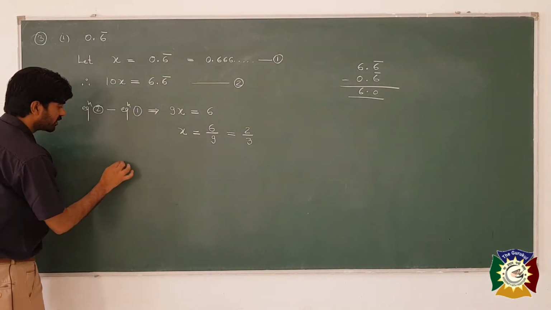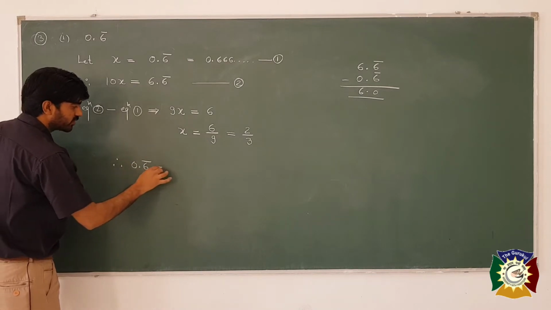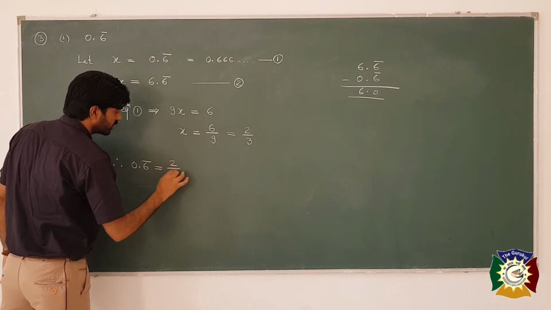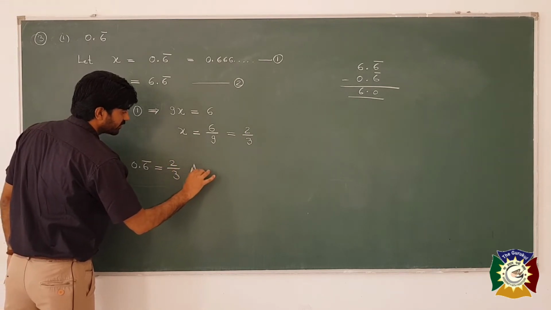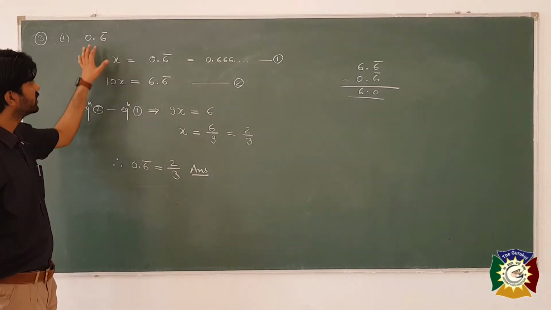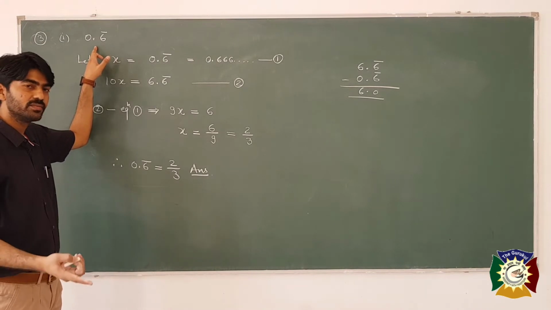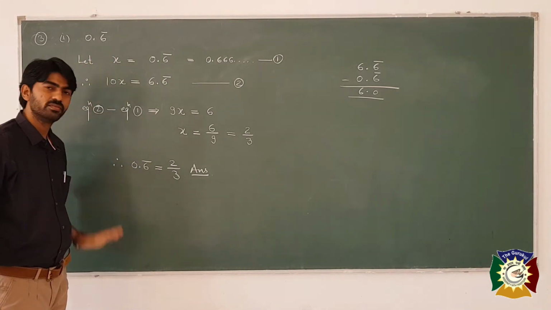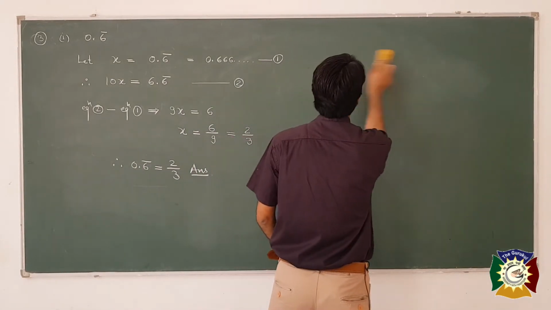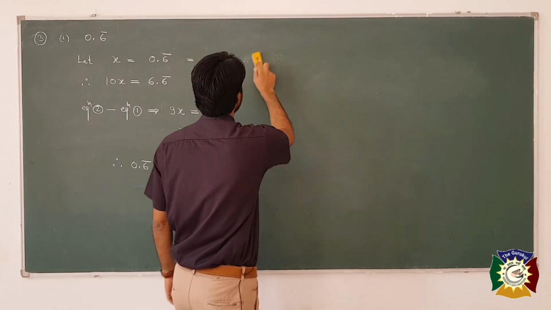Therefore, 0.6 bar is equal to x, and x is equal to 2 by 3. So it is equal to 2 by 3. This is our answer. So now we can convert this type of decimals, that is recurring decimals, into the form P by Q by this method. Another part we will see, so that you will understand it more clearly.